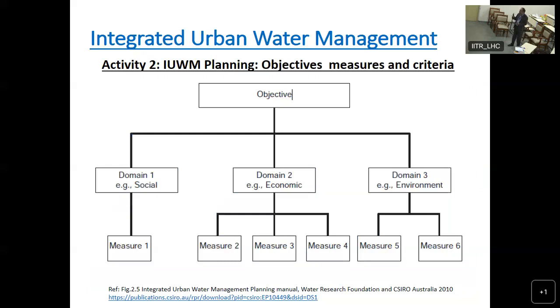So under the activity objective, there are three main domains: social, environmental, and economic. And under those, we can have different measurements or criteria. I think there is a next figure that will give you some idea about what we mean by measures.